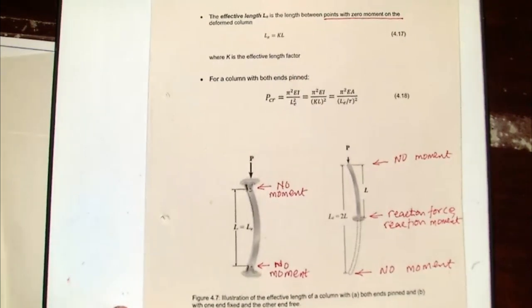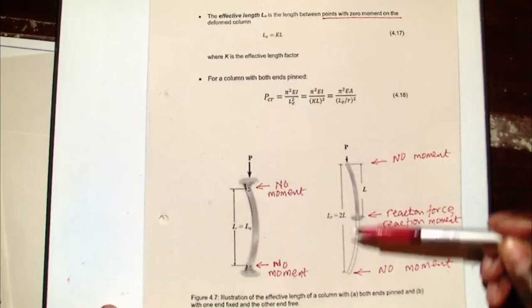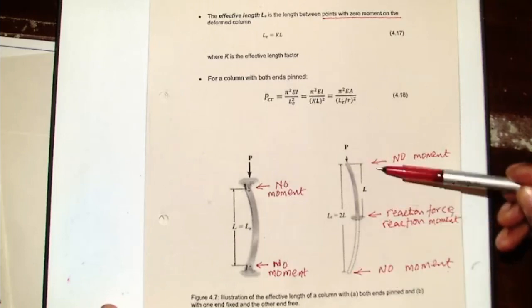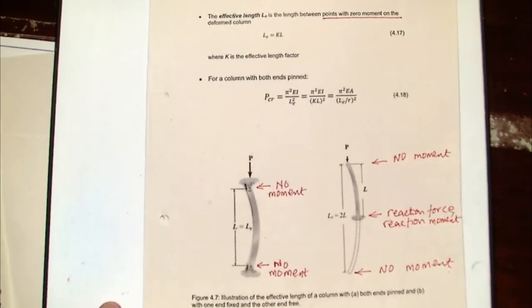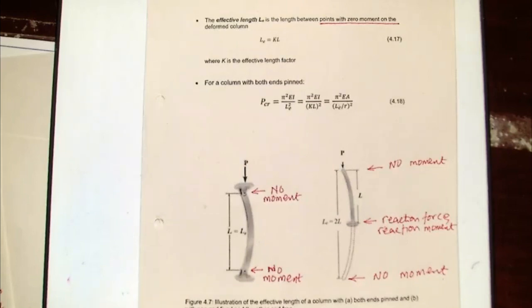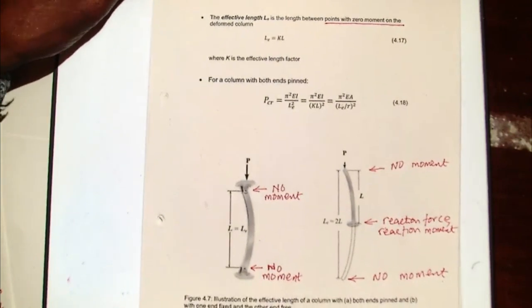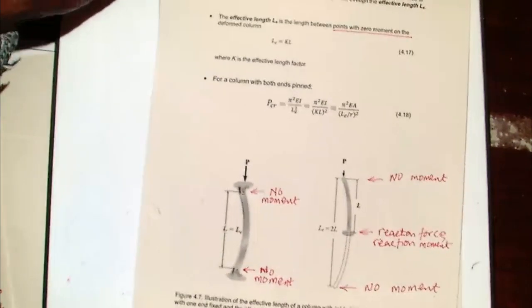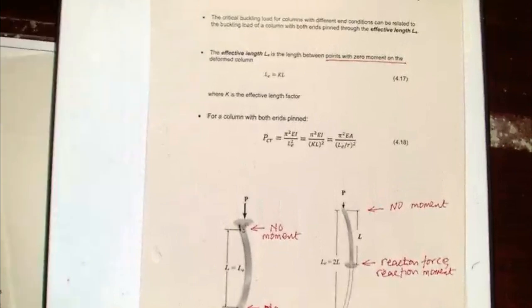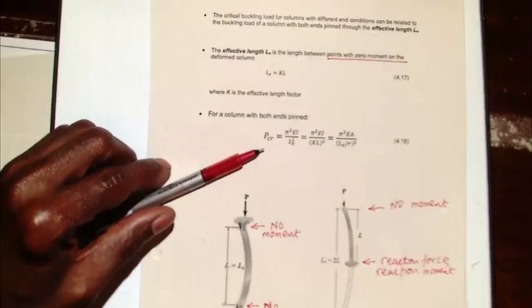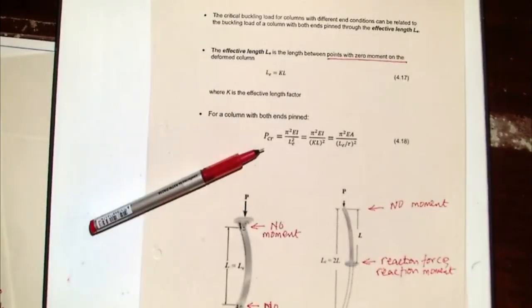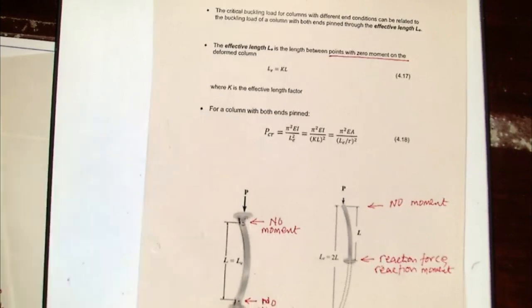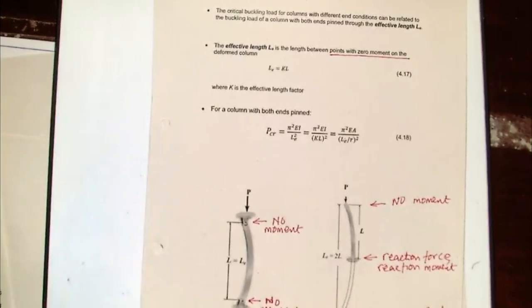So my effective length for a column with one fixed end and one free end is from here to here, which is 2 times whatever length that you've got there. And we can do the same thing for the rest of the different boundary conditions. So if you go back, we can just write our critical load in terms of our effective length. All I need to know now is what is the effective length for different cases.